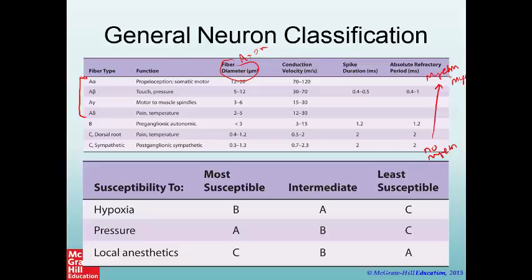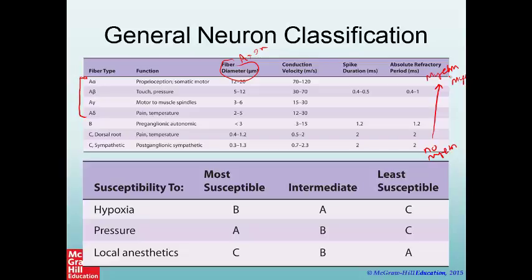A beta fibers are a little smaller than A alpha fibers. They're still fairly well myelinated. They're for touch and pressure, but because they're smaller in diameter, they have a smaller or a lower conduction velocity than the alpha motor neurons.